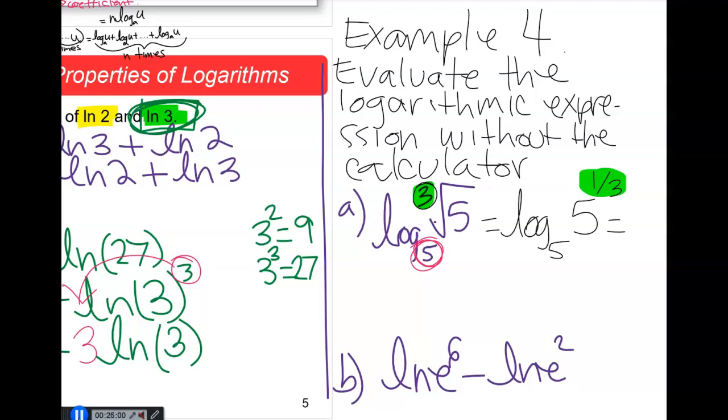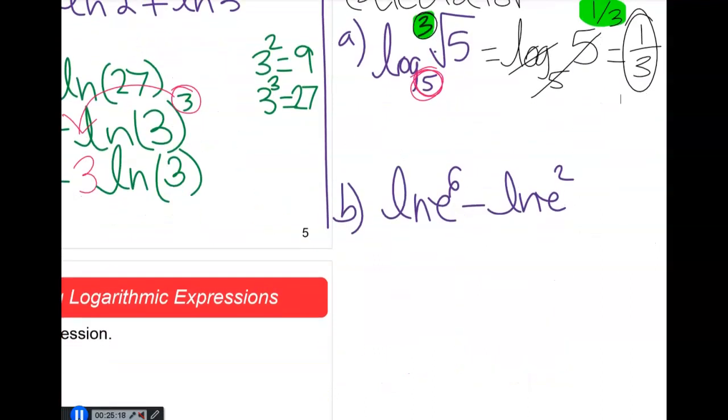So here, the argument matches the base, so we can cancel that out, and the only answer is not 1/5, but 1/3. And that's it, that easy. You do not need a calculator for that.